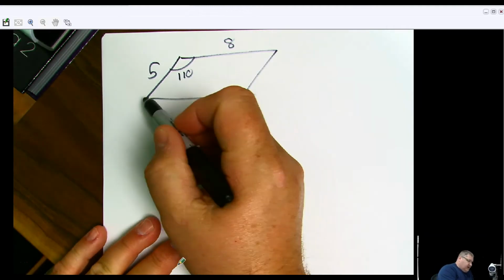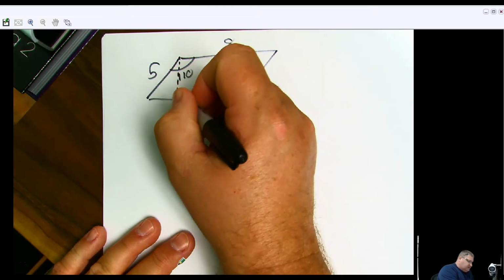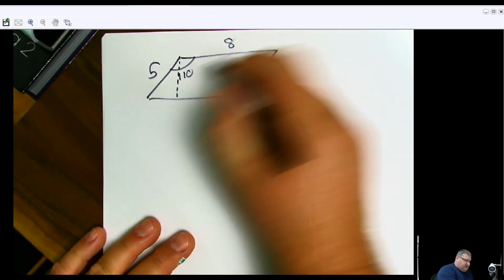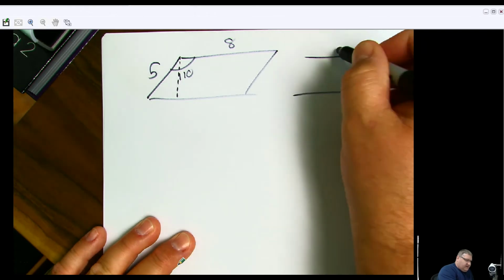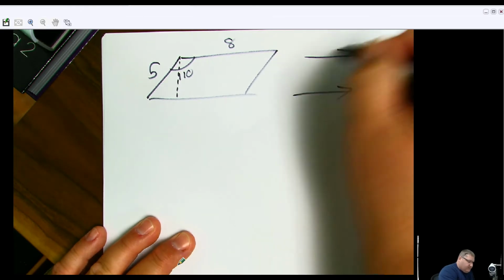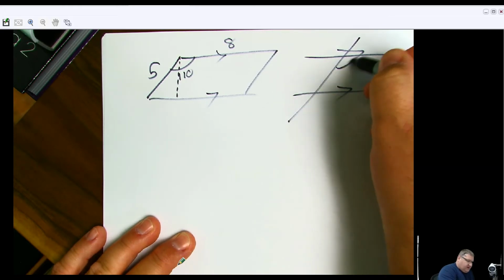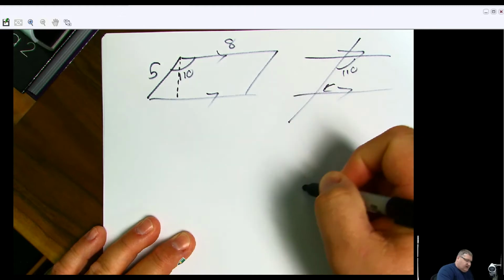Okay, the problem is, if I try to drop an altitude right here, that's going to be a problem because that's not part of this big triangle. But here's the thing. We know that if these lines are parallel, just like these in a parallelogram, that's the whole point, and if we know this is 110, what is this angle right here?